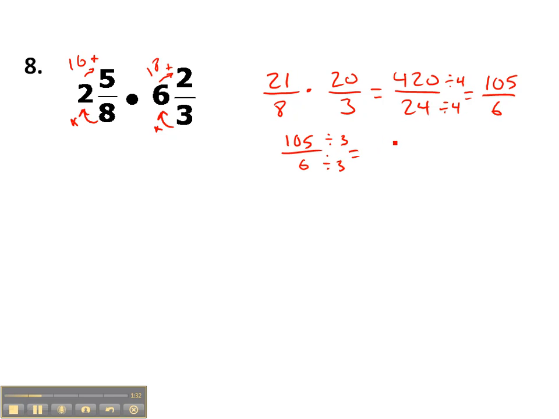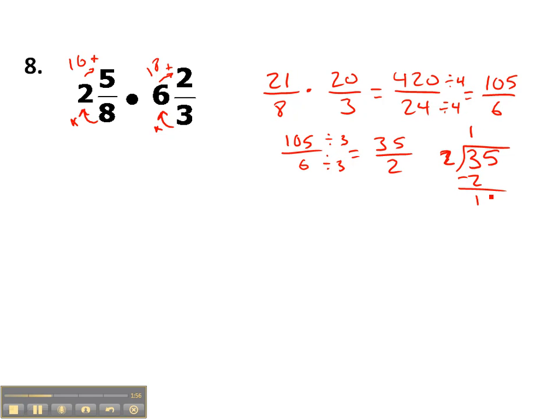We get 35 over 2. And that's the simplest form for this improper fraction, but we always want to turn improper fractions into mixed numbers. So the way we do that is division. Remember, the fraction bar means divide. 35 divided by 2. 2 goes into 3 one time. 1 times 2 is 2.